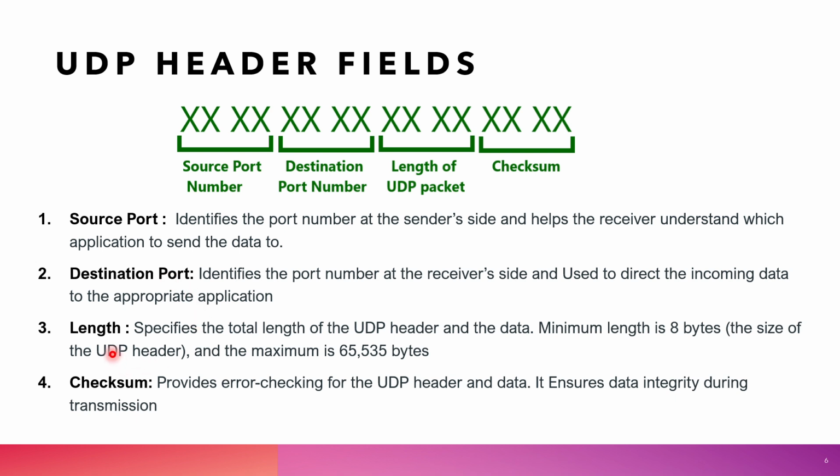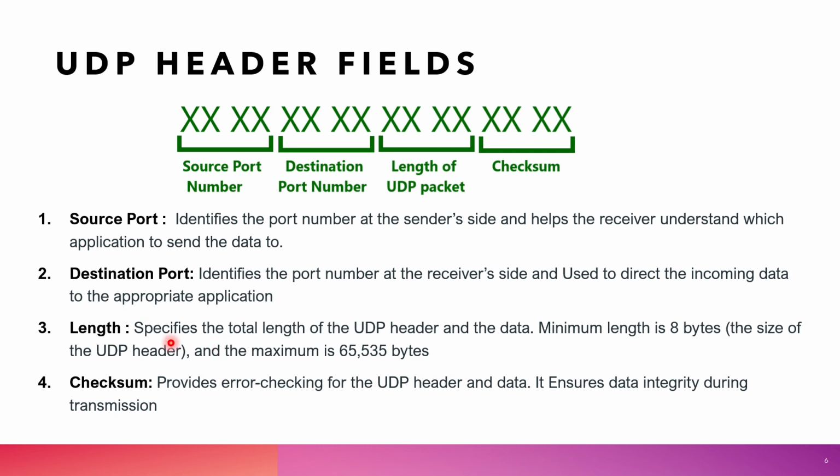The third header field is length. It specifies the total size of the UDP datagram, which contains the header plus data. The maximum length of a datagram can be 65,535 bytes, which contains both the header and data.